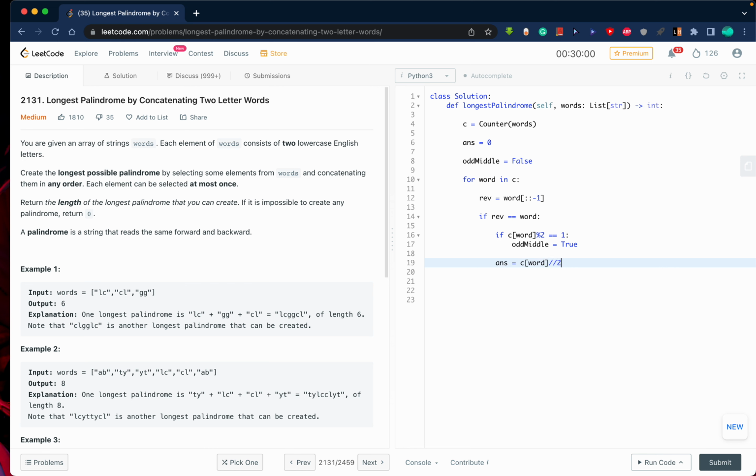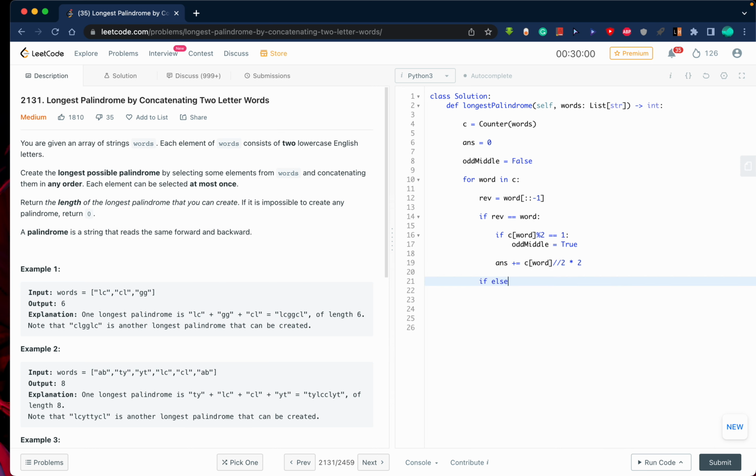So a number of pairs will be formed, right? And for each pair there are two words, so there are four characters. So I'd add to the answer by this. This would be the number of pairs formed, and I'm putting each on left and right, so it will be times two.